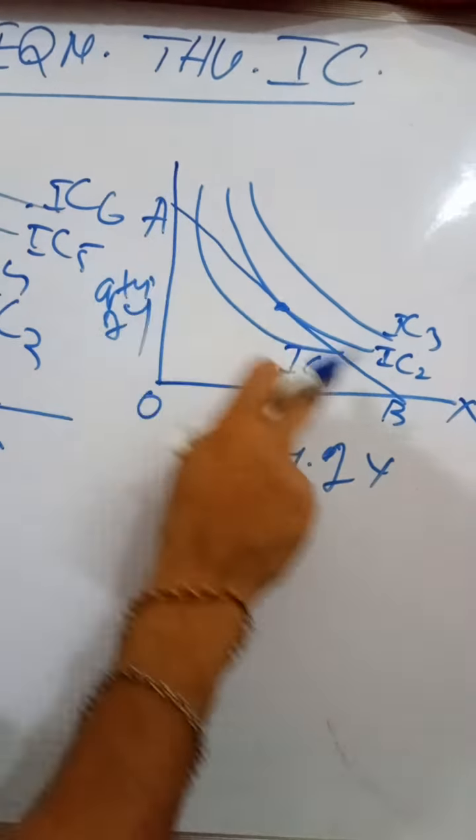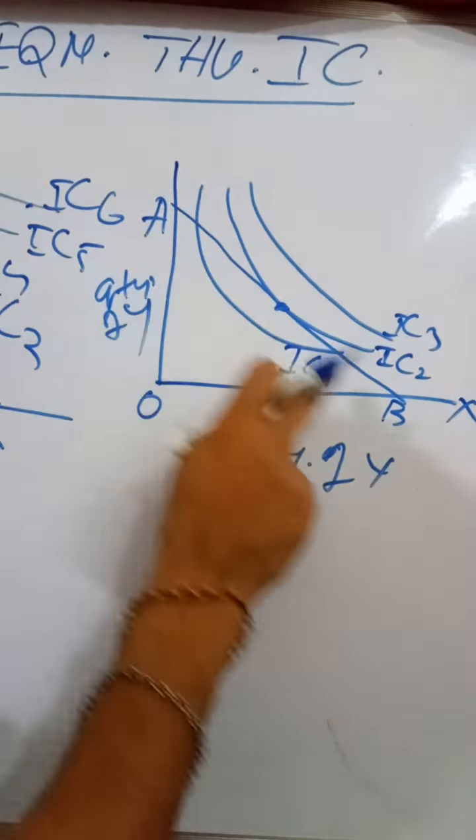Okay, so the conditions of equilibrium are, number one, IC, that is the indifference curve, must be tangent to the budget line. IC must be tangent to the budget line.